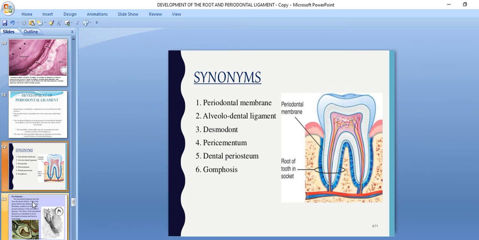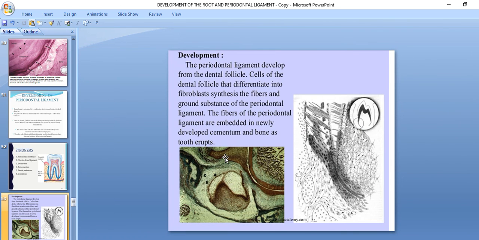And the periodontal ligament, you know that it develops from the dental follicle, and the cells of the dental follicle give rise to cementoblasts, fibroblasts, and osteoblasts of the periodontal ligament. And there is evidence that cells from the apical region of the dental papilla migrate around the epithelial root sheath and supplement the number of cells in the dental follicle.